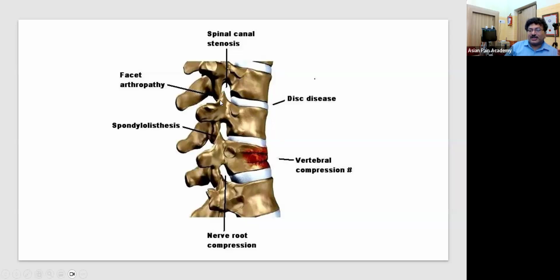When these joints become painful, the patient usually complains of pain in the low back, and as the joint is situated in the posterior part of the spine, whenever the patient bends backward, there will be an increase in pain. Can anyone tell in discogenic pain which posture will increase the pain?